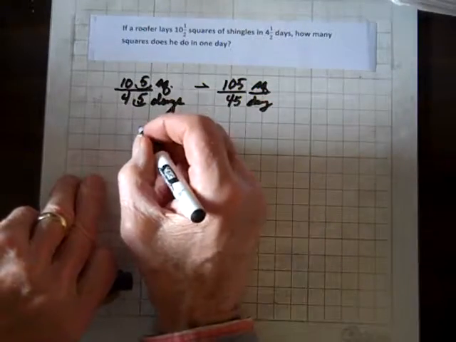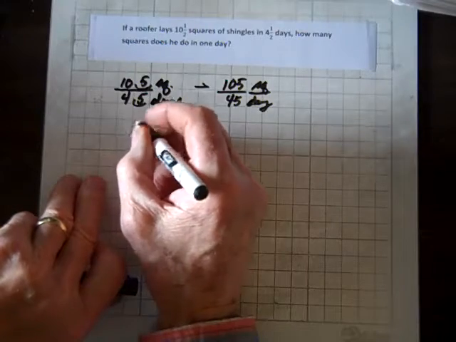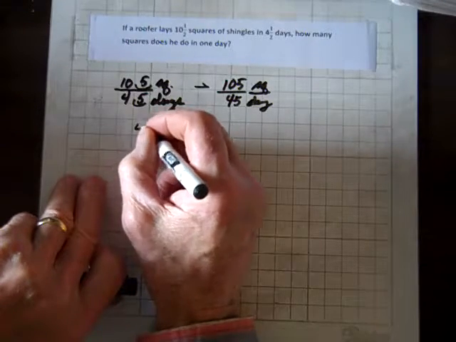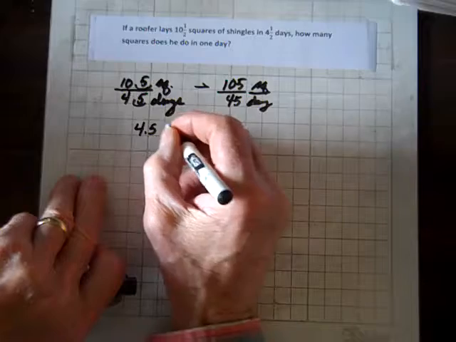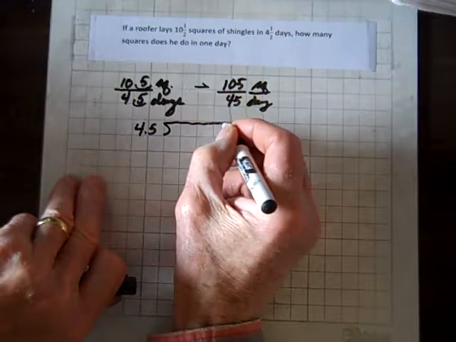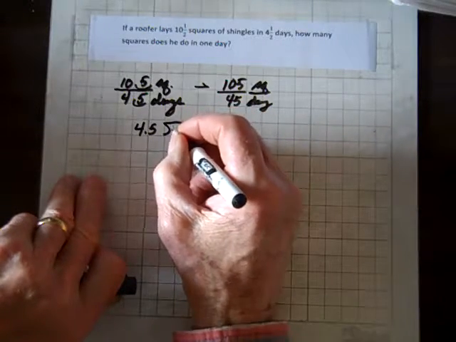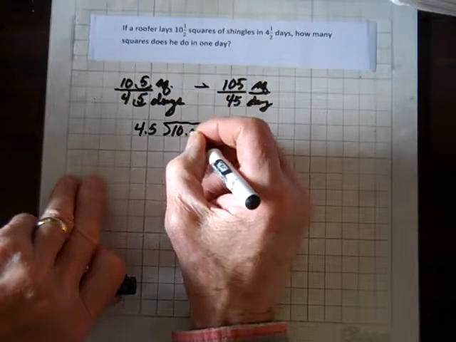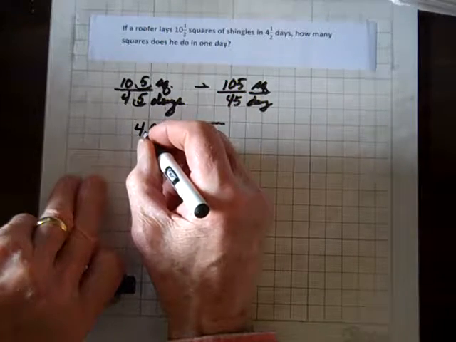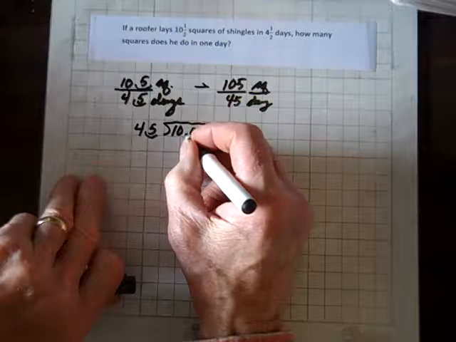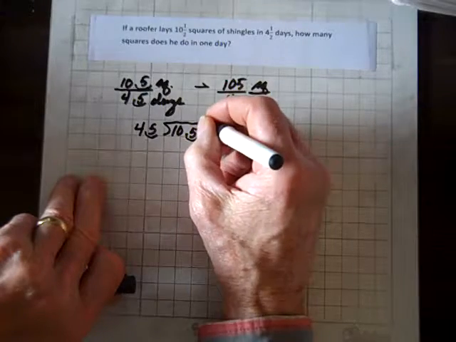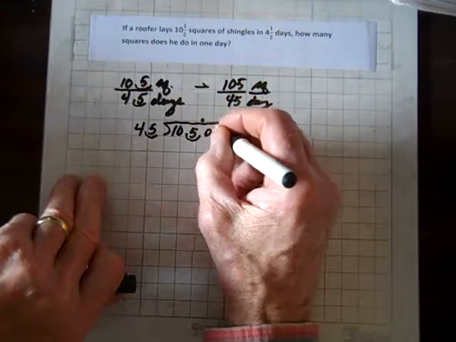But let's do it using long division, which I'm sure they intended. So we've got 4.5 dividing 10.5. And as we just did a moment ago, if I move this decimal over one place, I have to move this one over one. And now the decimal's there, and we'll put a couple zeros here.